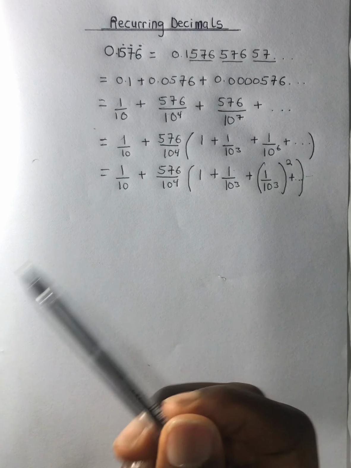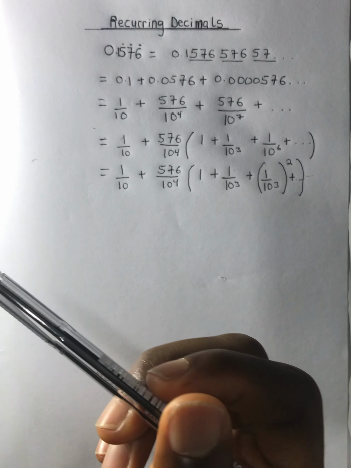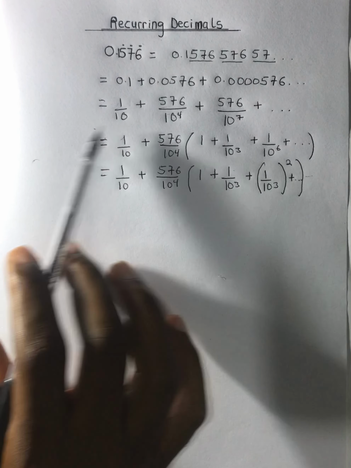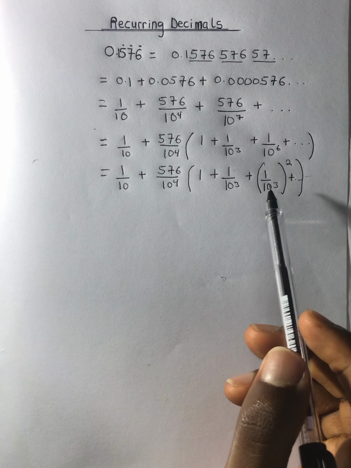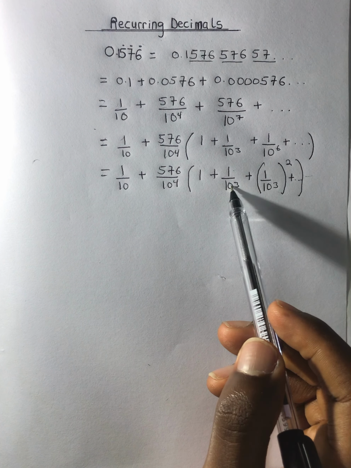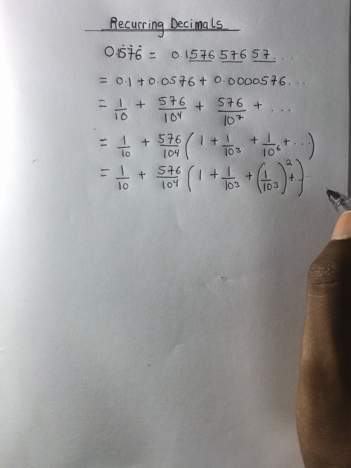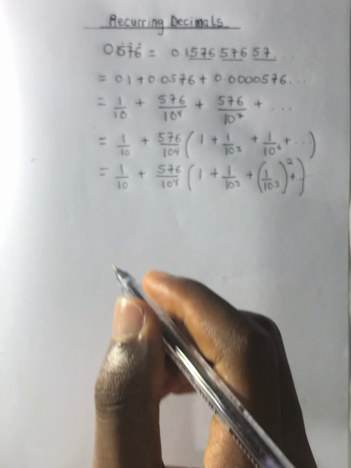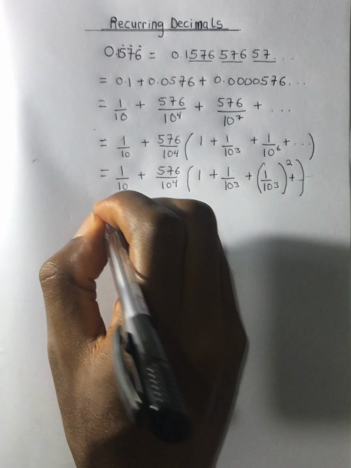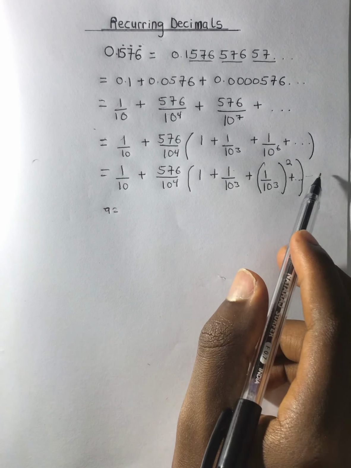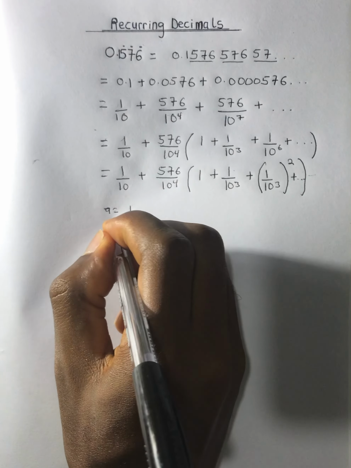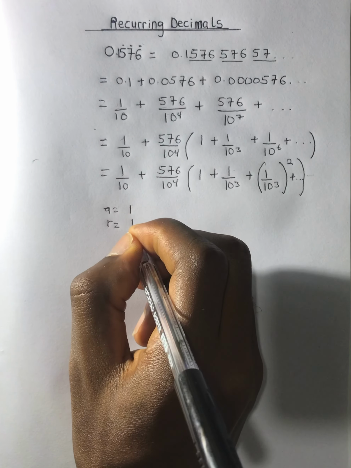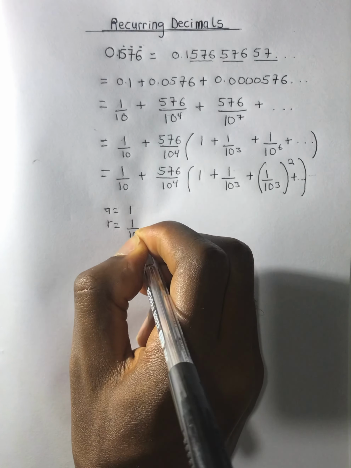And remember, in a geometrical sequence, we take any term and divide by the preceding term. So if we take this term and divide by this, we get 10 to the power 3. As I said earlier, our first term, taking this only, is 1, and our common ratio of course is 1/10 to the power 3.